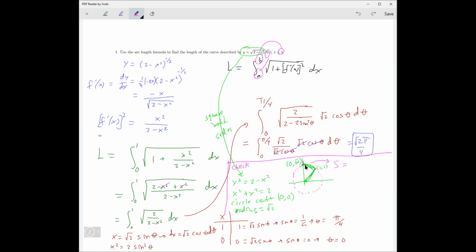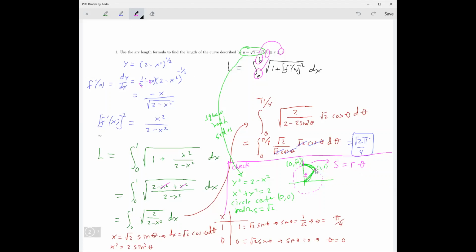And do you know that the length of an arc is equal to the radius times the subtended angle? Okay, that's this distance here. So this distance is the radius of the circle times this angle here.